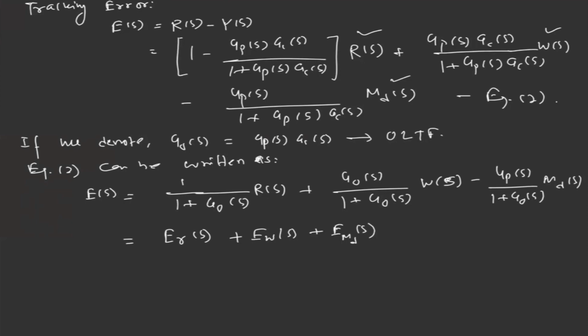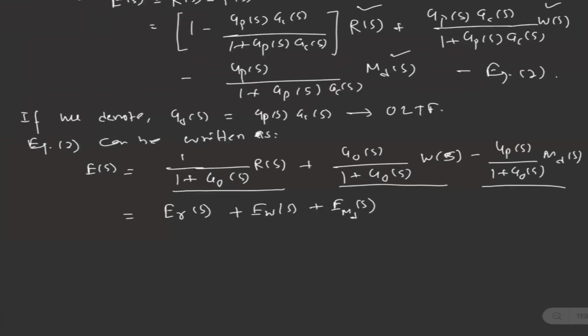So this is the first term: how the error and reference signal are related. The second term: how the error and measurement noise are related. And the third term: how the disturbance and error are connected. So from this, let me denote this as equation number 3.